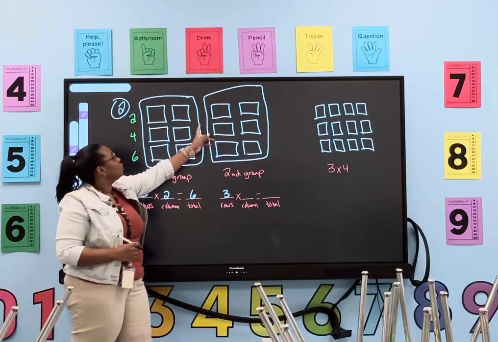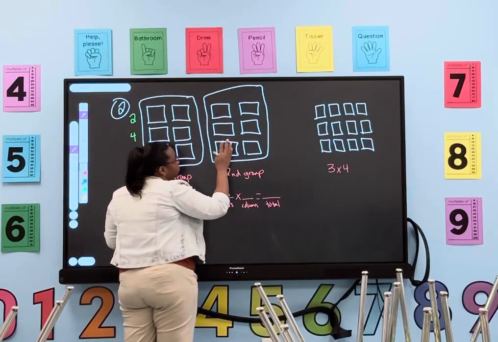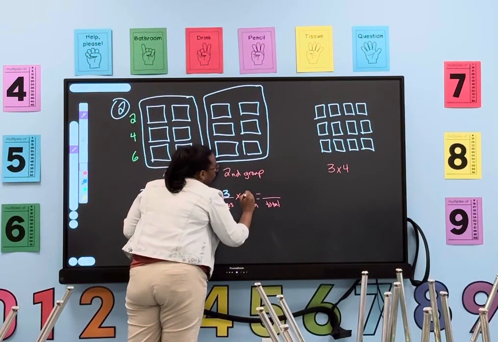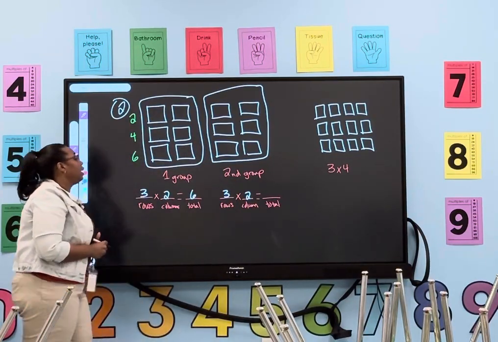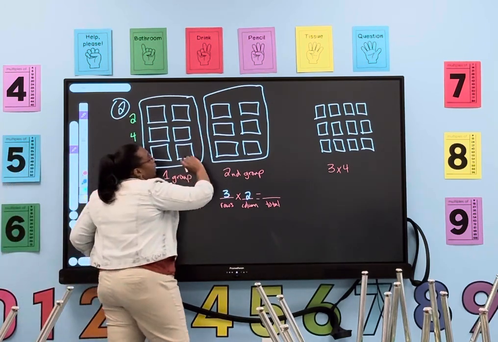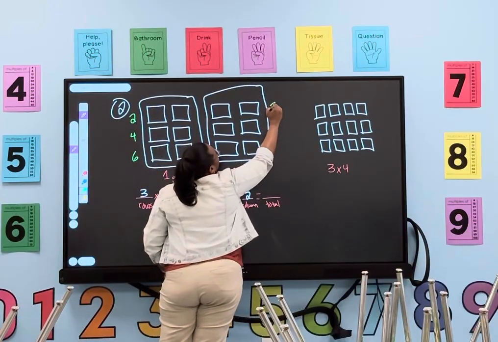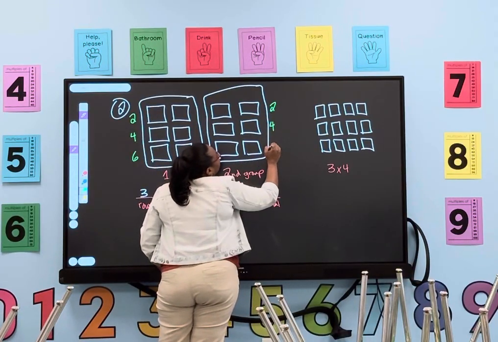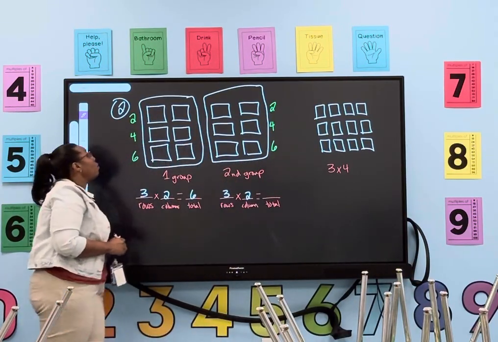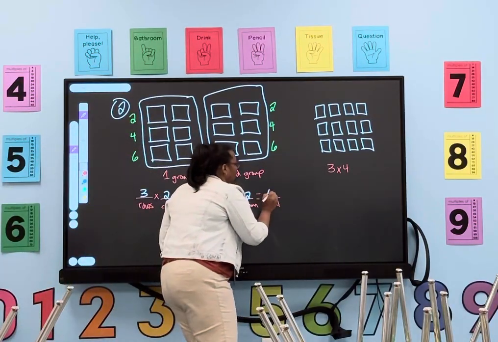And then I have 2 in each row, so this will be 2. And then the total, well, we did our skip count, so we can skip count again. Again, there are 2 in each row, so we skip count by 2. This will be 2, 4, 6. So now we know that there are 6 total.